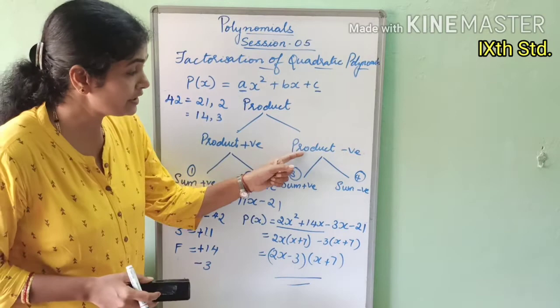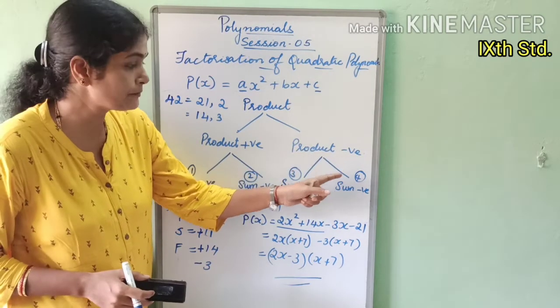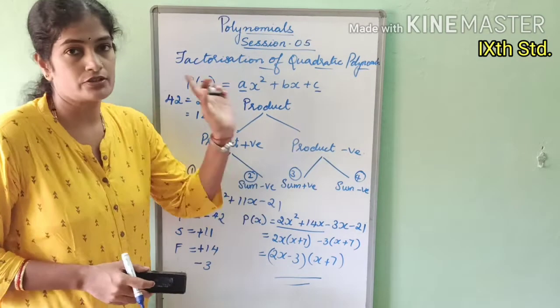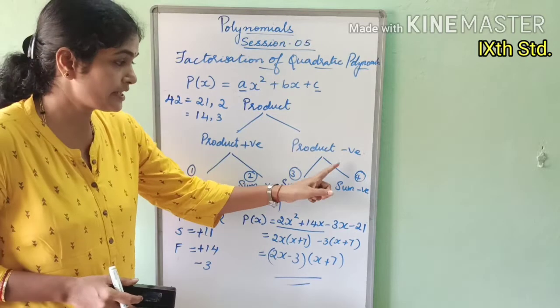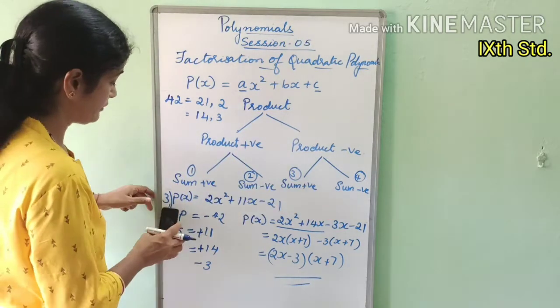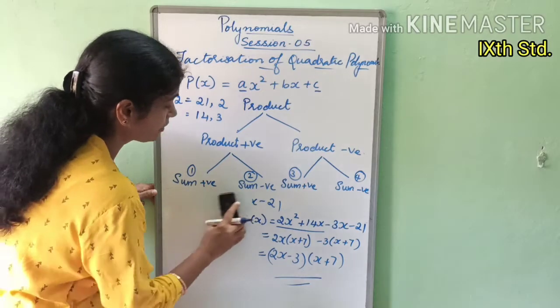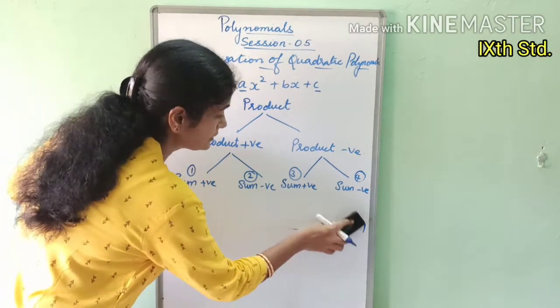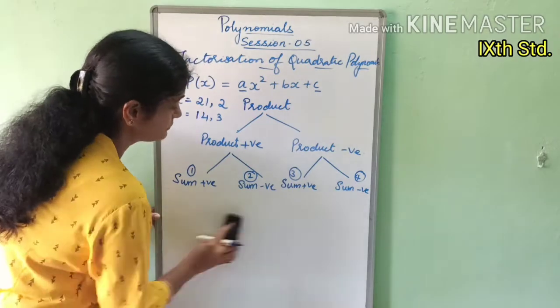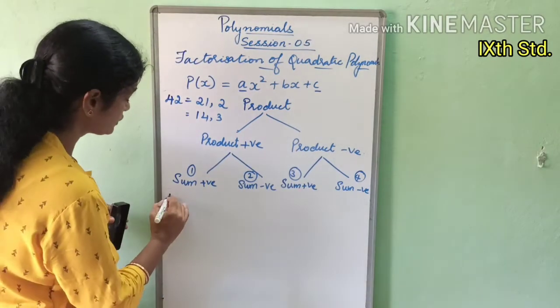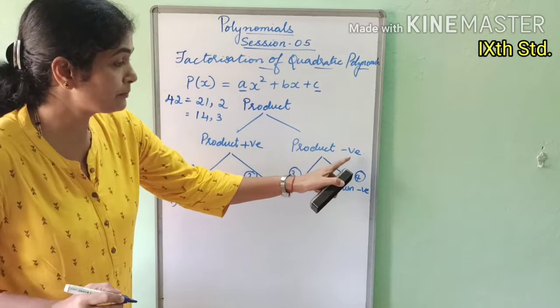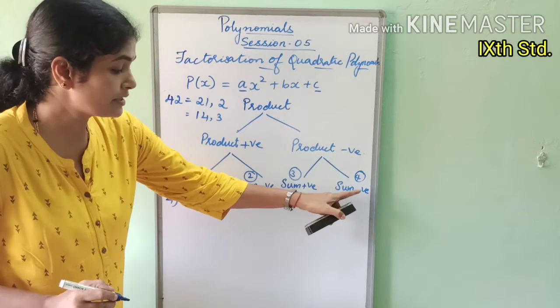Now we will see the last type. Last type, when the product is negative and the sum is also negative. We will take up an example for it. Fourth type, where the product is negative, sum is also negative.